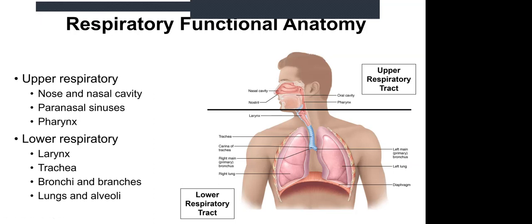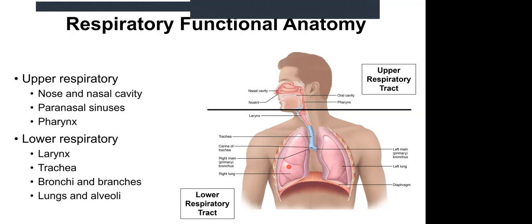The upper respiratory tract is going to include things like the nose and the nasal cavity, the paranasal sinuses, which we are all pretty familiar with at this point because I know I've mentioned them before, and also the pharynx, which is the throat. The lower respiratory tract is going to include the larynx, trachea, bronchi and their branches, the lungs, and also the alveoli, which are not present on this particular diagram, but we'll talk about them.